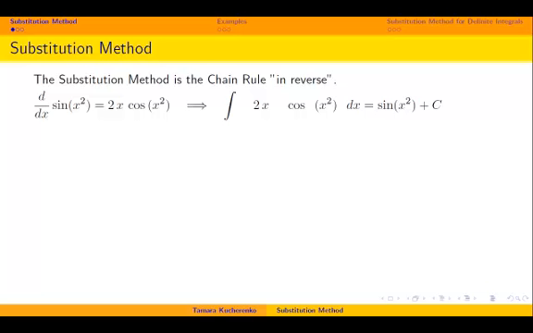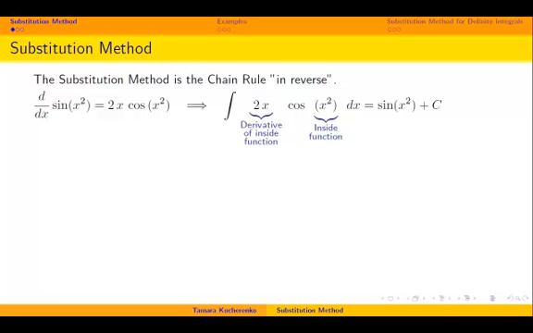Here, x squared is the inside function, and 2x is the derivative of the inside function x squared. The expression under the integral is the product of a composite function and the derivative of the inside function.